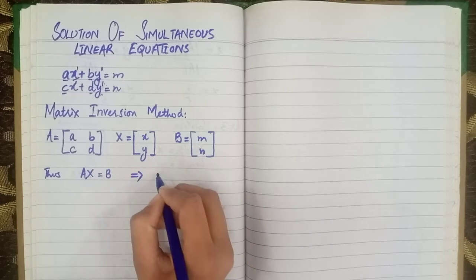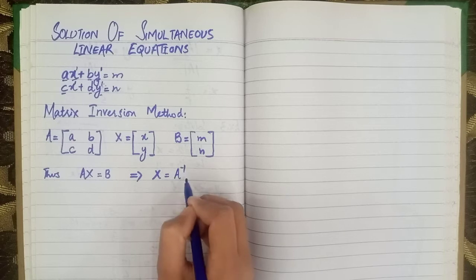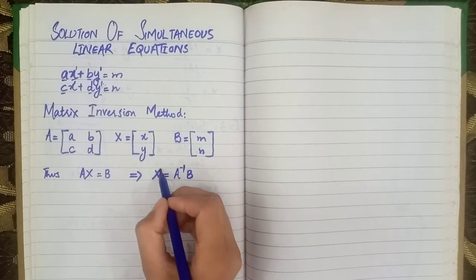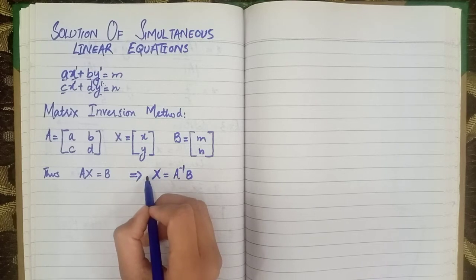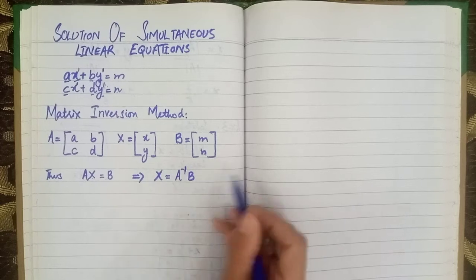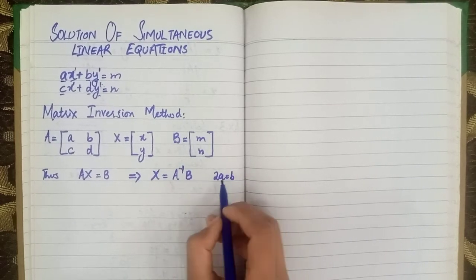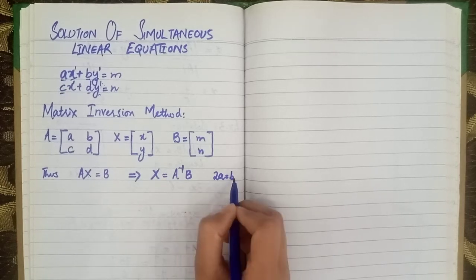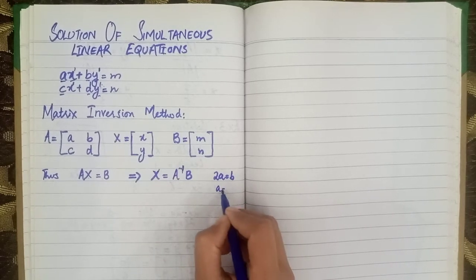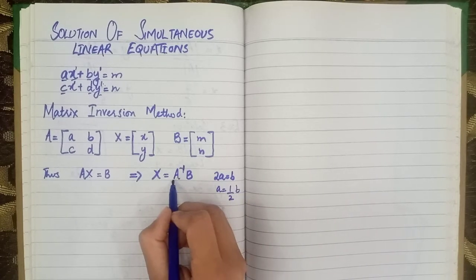This implies that X equals A inverse B. We are moving a matrix from this side to the other, so it becomes A inverse. If that was a number, like 2 into A equals B, then moving the 2 to this side would give A equals 1 by 2 B. But this is not a number, this is a matrix.